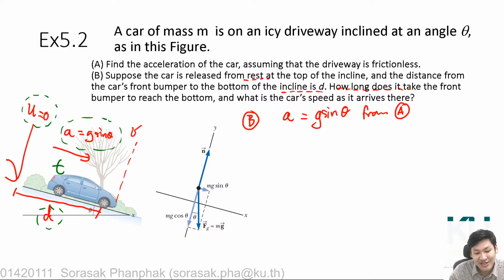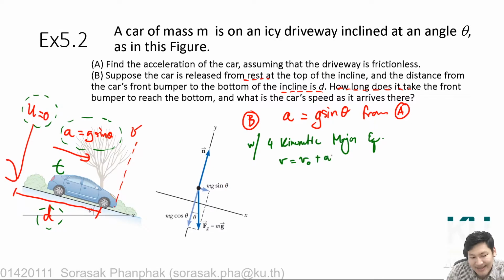So you have 4 major kinematics equations, right? They are v equal to v0 plus at. You can write this as u if you want, because it's the initial velocity.